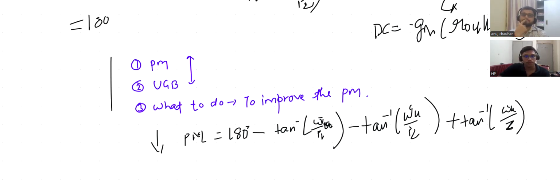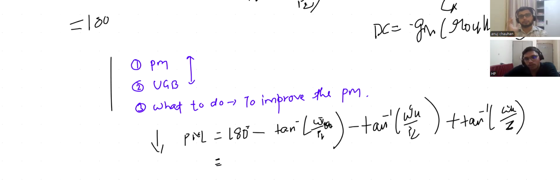Second is UGB. Can you simplify this first expression term? If I consider it a first order system, what should be the phase margin and what should be the constraints on the second pole and zero frequency? The second pole should be almost 10 times the UGB.